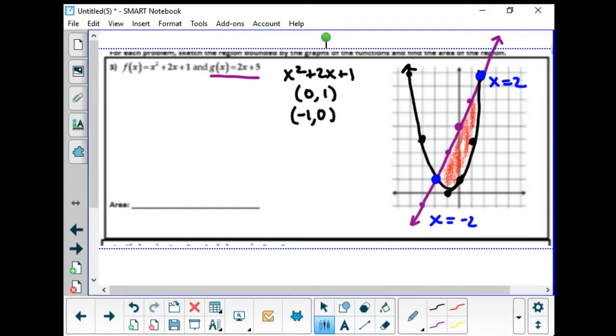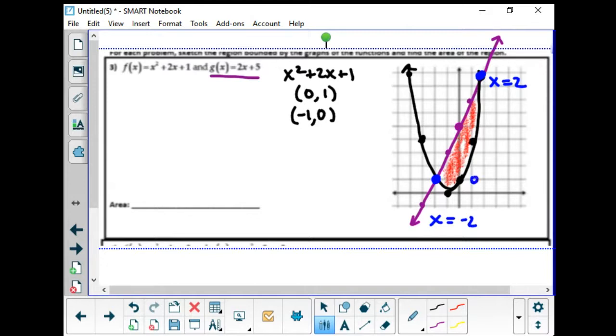This is where, if we were sitting in class, I would work on getting an answer from you. Looking at this, my top function is the line. Right? Top minus bottom. When I say top, if you're standing on the x-axis, which one would be up higher?